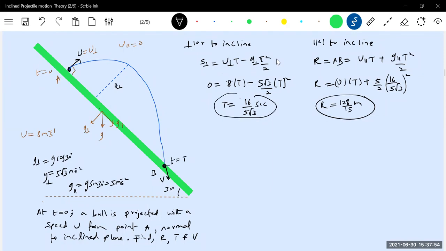Okay, let's go for the calculation of speed. It will have two components, one v parallel, other v perpendicular. v perpendicular is directly equal to u perpendicular, so it should be equal to 8 meters per second. v parallel will be u parallel plus g parallel T. u parallel is 0, g parallel is 5, time of flight is 16 by 5 root 3.